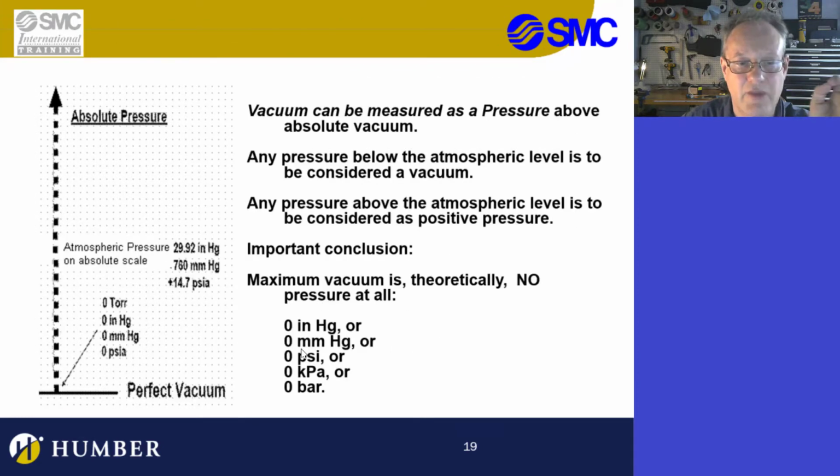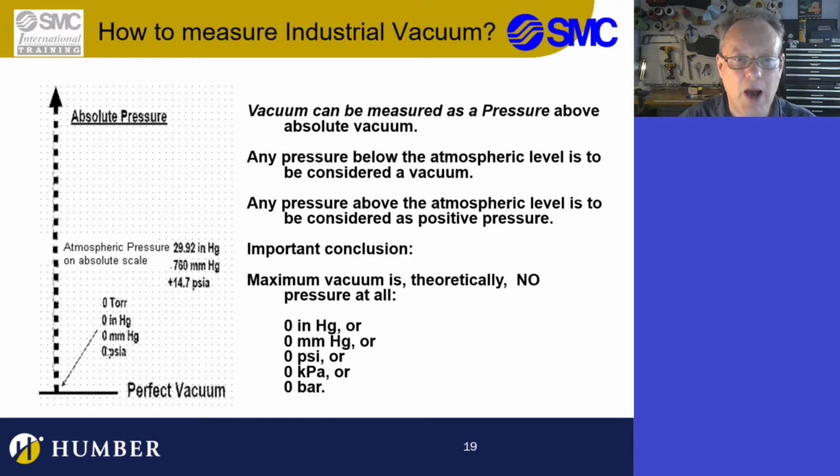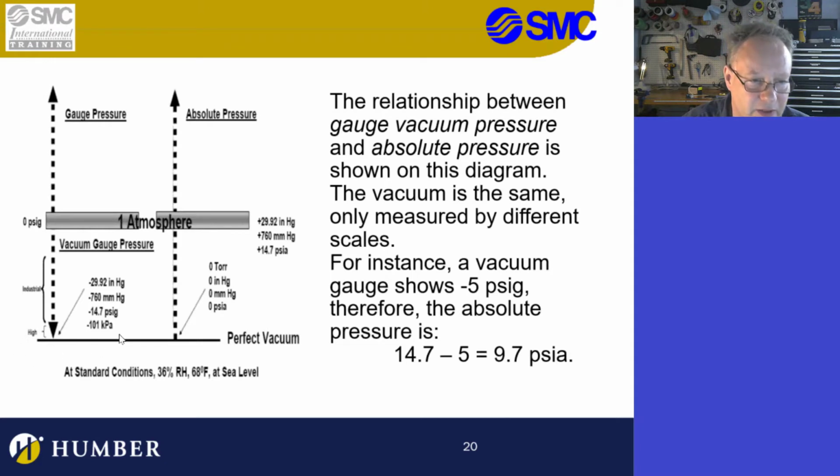There's another way of looking at it, 0, okay? So a perfect vacuum is 0 psi A, okay? So if we go up from a perfect vacuum, this is a perfect vacuum here, we can go up here, and we can look at this. Now I got an example here, 9.7 psi A. So if I had a vacuum that was minus 5, and that means minus 5 from atmosphere. It's 5 less than atmosphere.